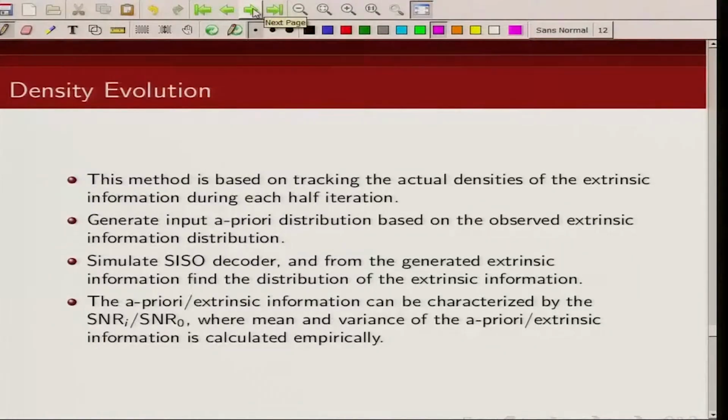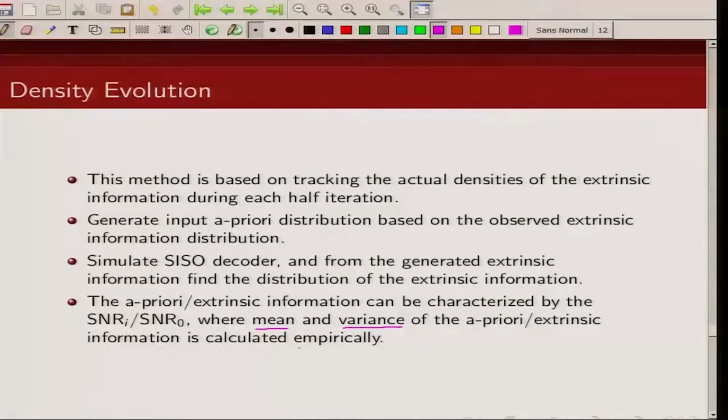And similarly, they characterized the SNR of the input distribution as well as the output distribution using mean and variance which was empirically computed. So, they did not assume that consistency criteria which Al-Gamal and others did. They actually used the observed density, they generated a priori information based on the observed distribution of the extrinsic information.